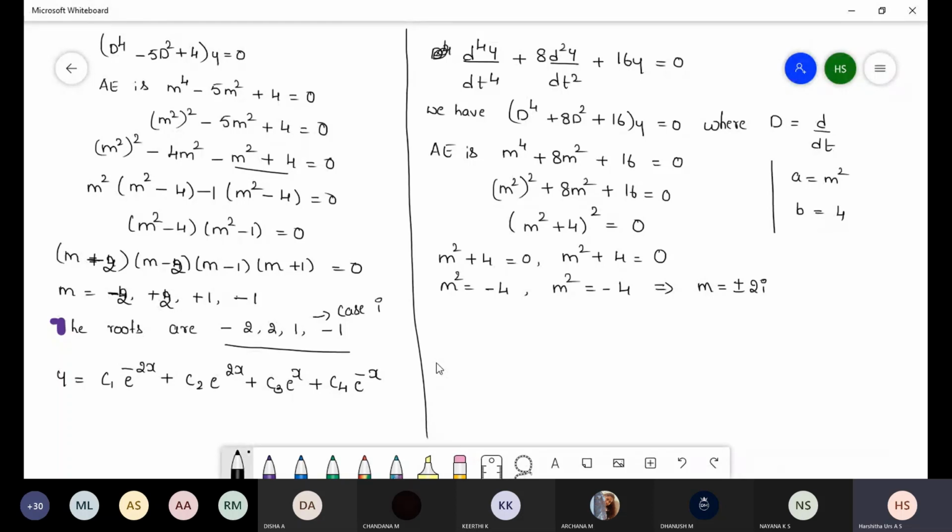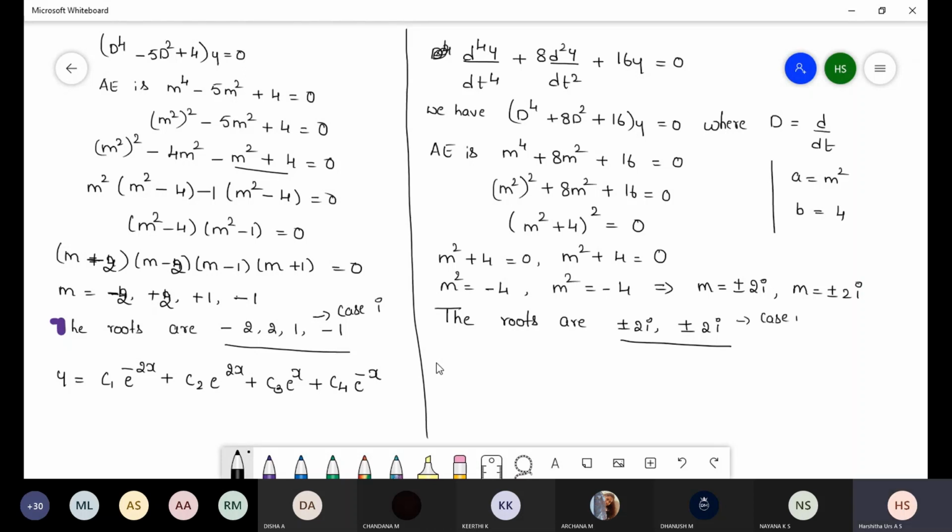So plus or minus 2i. So m is equal to plus or minus 2i, comma m is equal to plus or minus 2i. The roots are plus or minus 2i, comma plus or minus 2i. This is a repeated root.